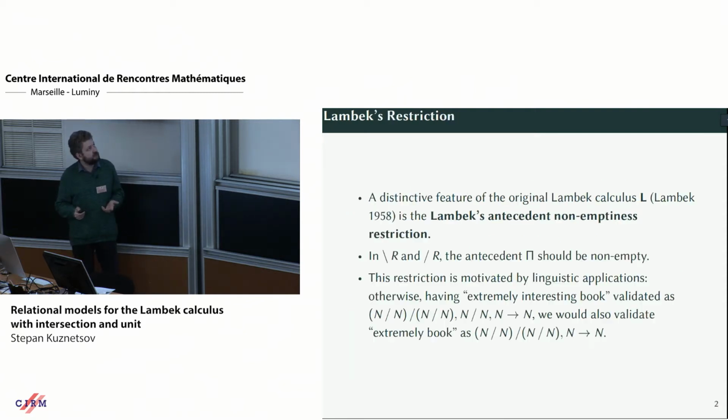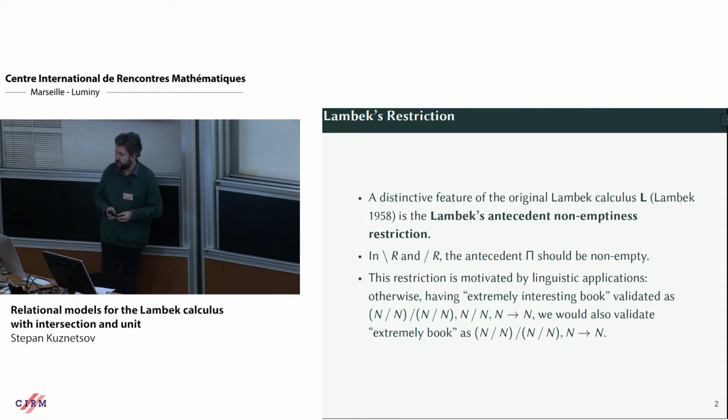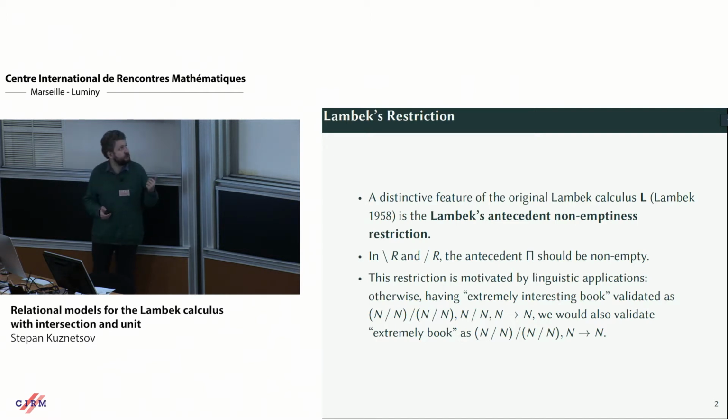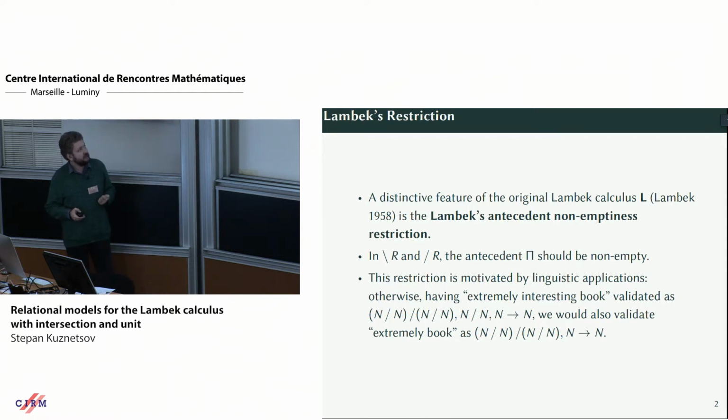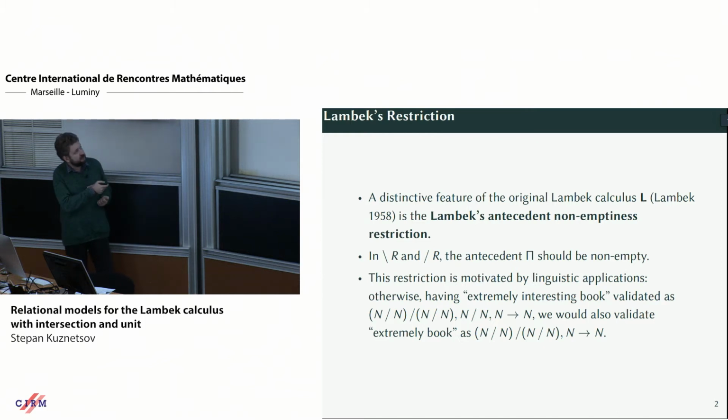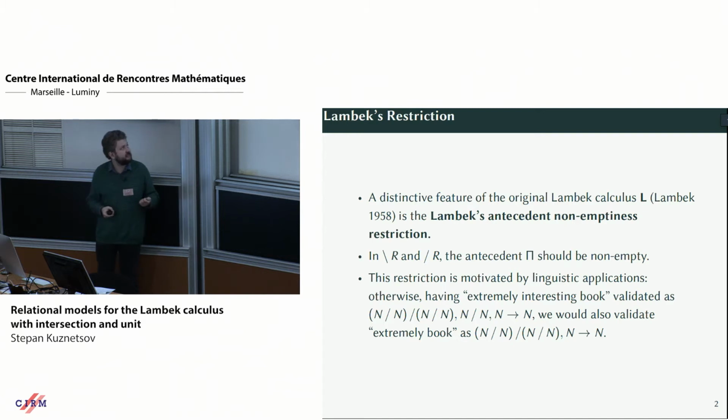And also, it was motivated by linguistic applications. So what does it mean? For example, we have this phrase, extremely interesting book. Book is a noun. Interesting is a modifier for a noun, so it takes a noun on the right and gives us another, say, bigger noun group. And extremely is an adverb, it's a modifier for the adjective. So if we allow antecedents to be non-empty, the first sequent is derivable, and so this validates extremely interesting book as a valid noun phrase.